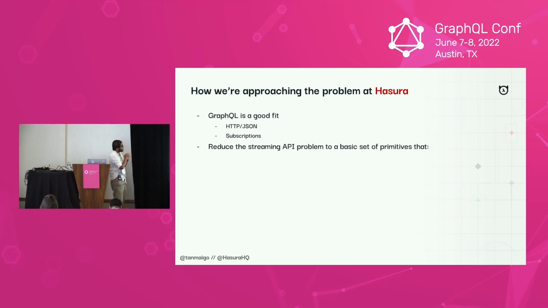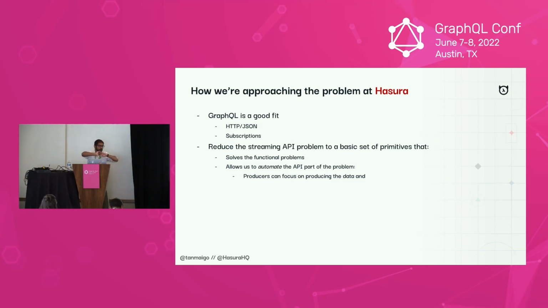The second, and the way that we think about this, is that we want to reduce the streaming problem to a smaller set of primitives, right? The key part of reducing this to primitives is that we want to solve the functional problems that we talked about, but also address some of those non-functional issues that we brought up. The way that we want to think of this abstraction is that producers can focus on just producing the stream data, and consumers can focus on just consuming the data.